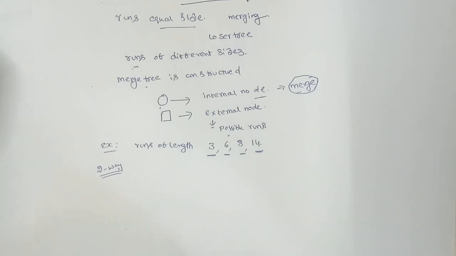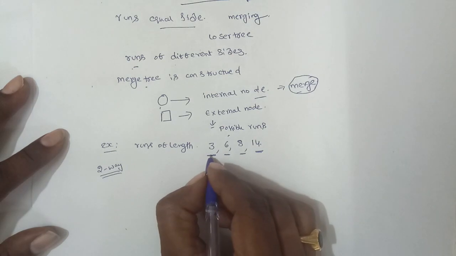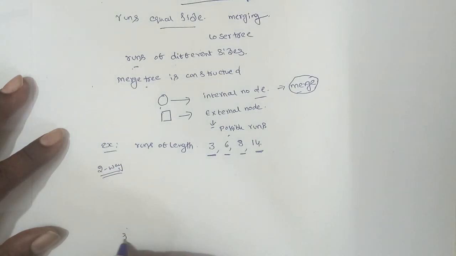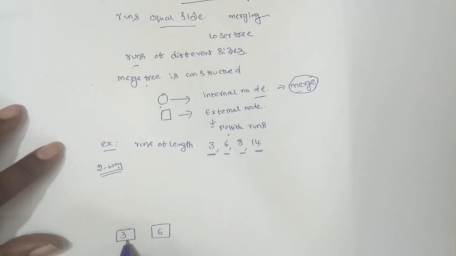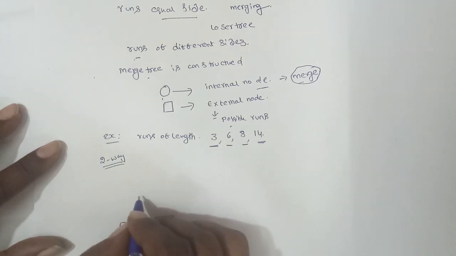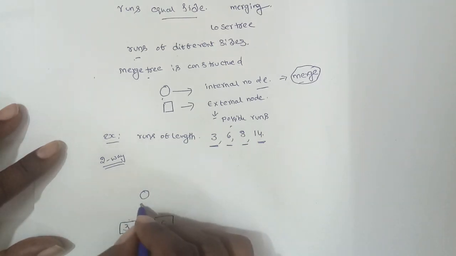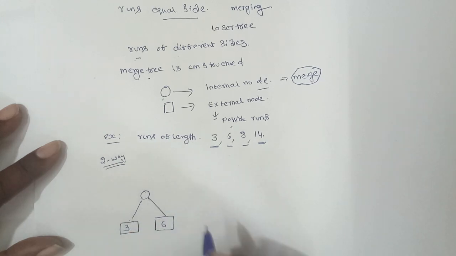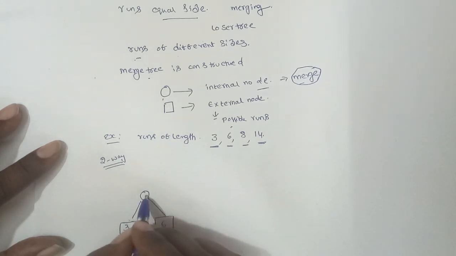Okay, first consider one example merge tree. First I am merging the runs 3 and 6. Run 1 contains 3 records, run 2 contains 6 records. In the first step, I am merging run 1 and run 2. This is the internal node, which contains 9 records.